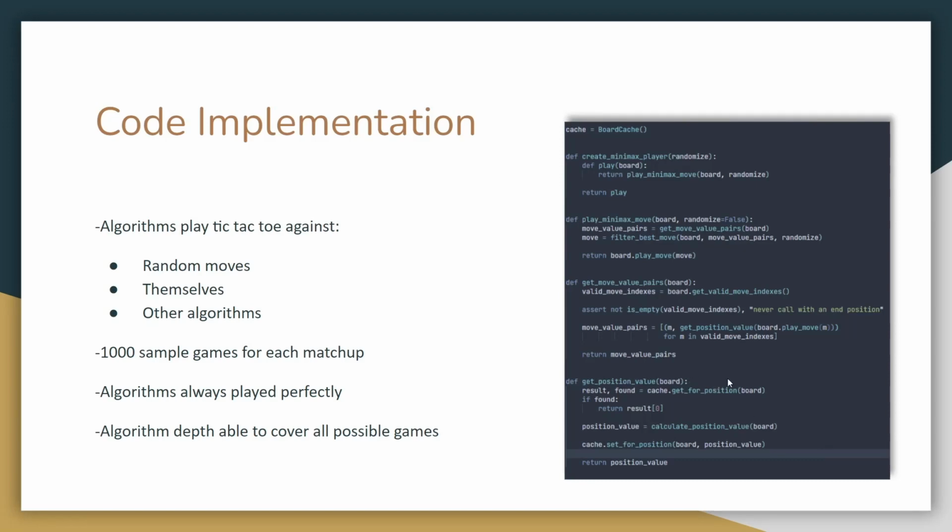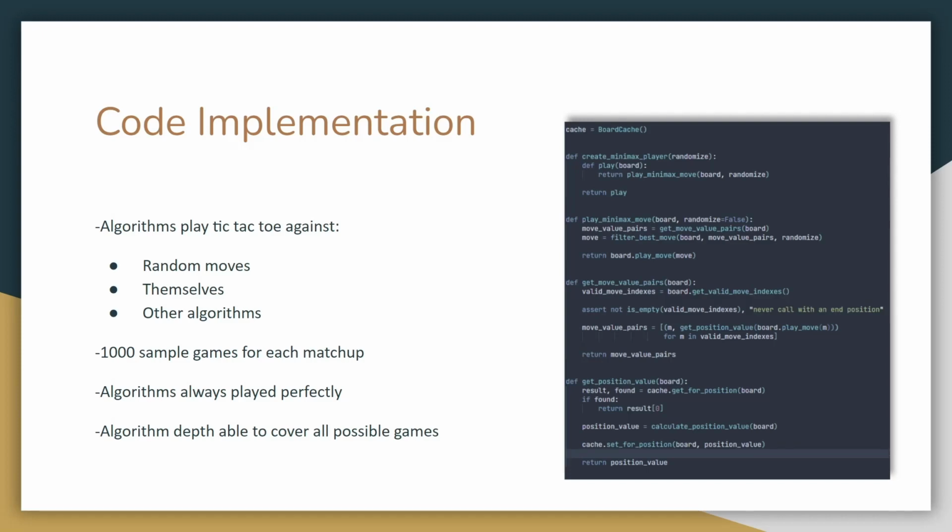Okay, for our code implementation, we didn't write the code ourselves. We found some code online that ran some algorithms in a tic-tac-toe game. Chess is obviously very complex, and we wanted to develop a proof of concept. Tic-tac-toe shares the same values that chess does, in that it's a zero-sum game.